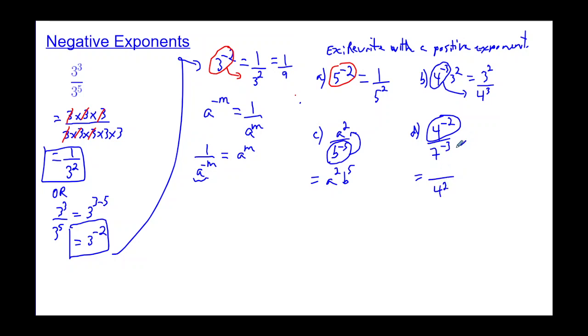And our negative exponent in the denominator is going to go up into the numerator, and that will give us a positive exponent. So we take that whole power, move it into the numerator, and the exponent's positive. Again, we can't do anything with the 7 and the 4. They're different bases, so we just leave it like that. If the question had said to evaluate, we could go ahead and figure out what 7 cubed is, what 4 squared is, and go from there. But it just said to rewrite as a positive exponent.